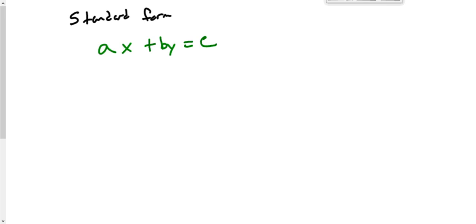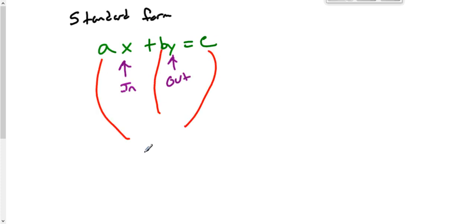And the third and final form, the one that's the most difficult to work with for graphing purposes, is standard form. Standard form is ax plus by equals c. Tough part about standard form, it's the x is still in, the y is still out. That hasn't changed at all. But a, b, and c are unimportant numbers.